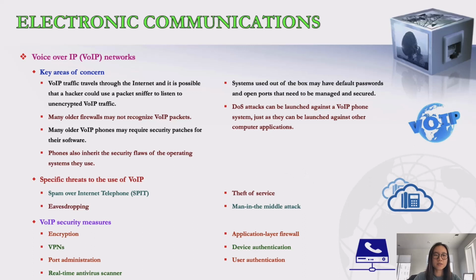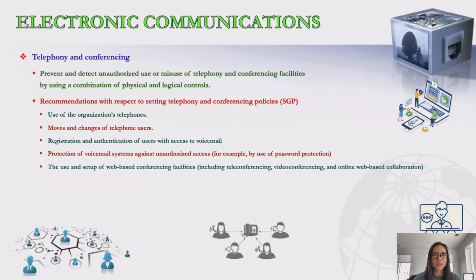There are also several specific threats to the use of voice over IP, including spam over internet telephone, eavesdropping, theft of service, and man-in-the-middle attack. A number of security measures can be taken to protect voice over IP traffic, including encryption, VPNs, port administration, etc. And the fourth electronic communication that needs security attention is telephony and conferencing.